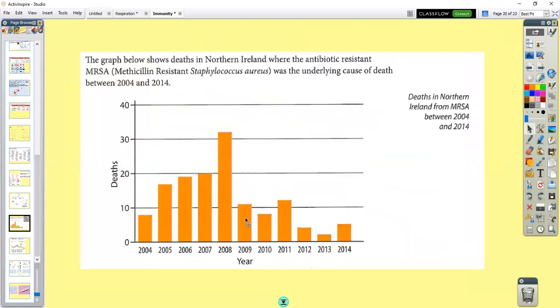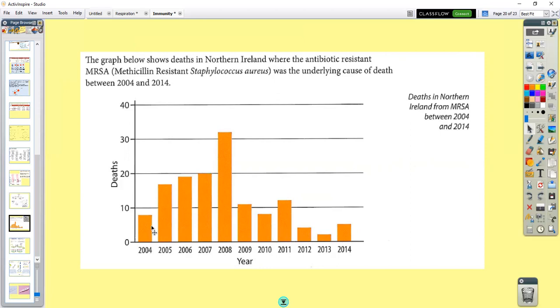Okay, MRSA is an example of a bacteria which is resistant to the antibiotic methicillin. It's a bacteria called Staphylococcus aureus. They caused a number of deaths back in the early and late 2000s. Okay, in hospitals generally, and that was really because of lack of cleaning techniques between or within hospitals.